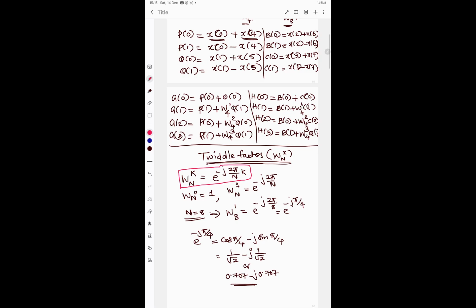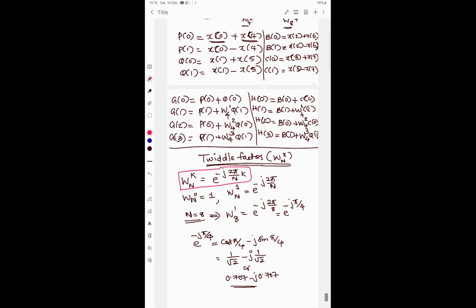Now if you substitute k equal to 0, then Wn to the power 0 is equal to 1. If the value of k is equal to 1, then you will have the equation e raised to minus j 2 pi by n.